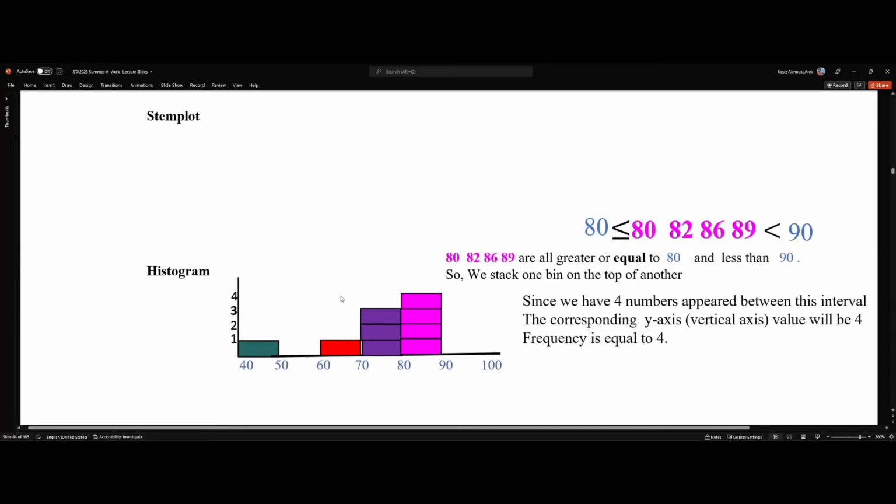If we draw a horizontal line, the frequency is 4, which means 4 numbers appeared in this interval between 80 and 90. This is important because we don't want to include 80 in the previous interval, because otherwise it would have been different. So this is the correct one.